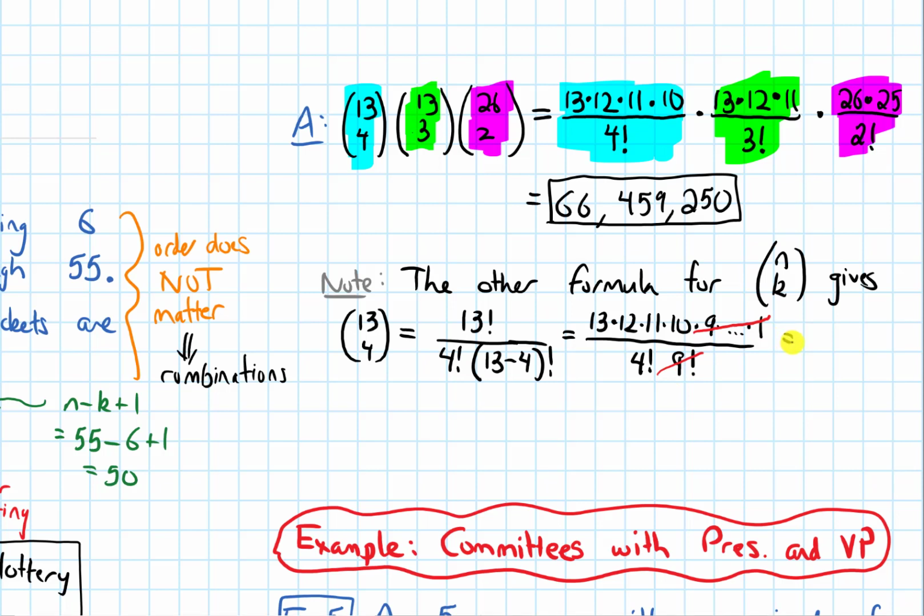That leaves me with 13 times 12 times 11 times 10 on top, 4 factorial on the bottom, and notice that that is the same as what we had gotten above with our first formula for combinations. So let me write that down, which is the same as above.